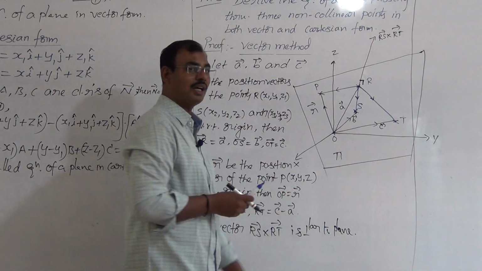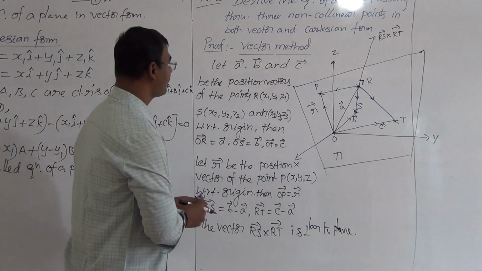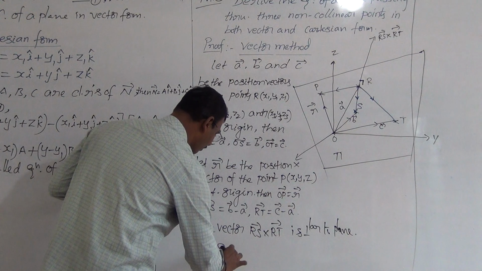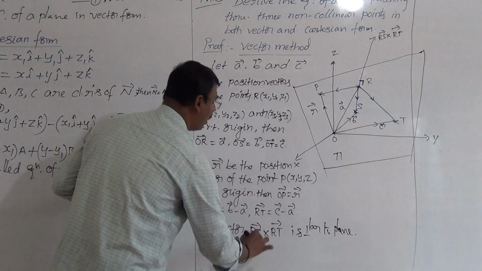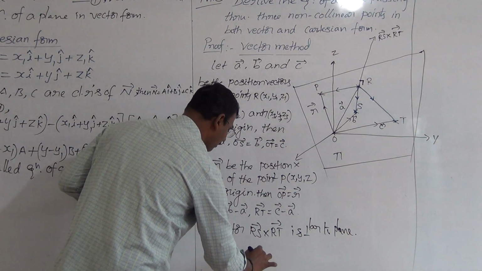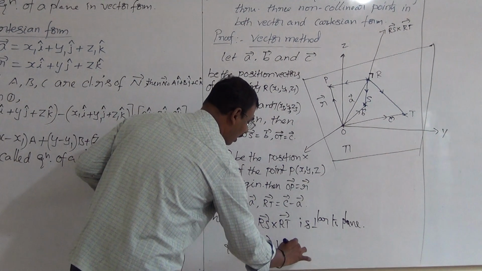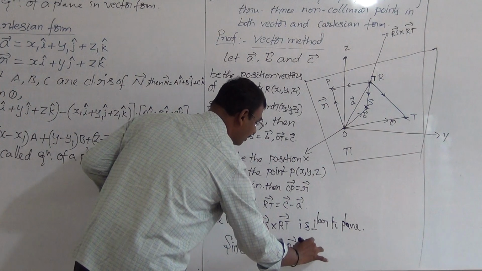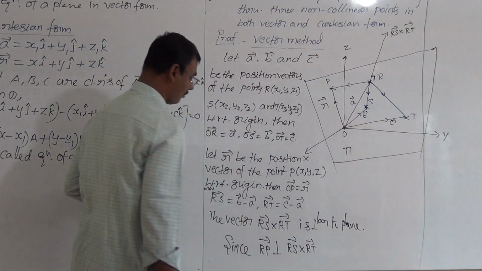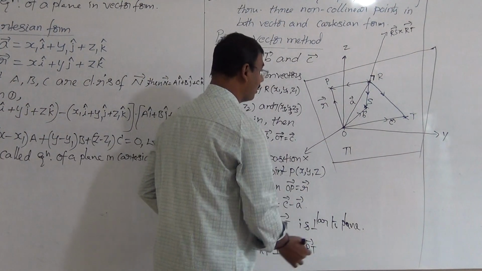So you should always use this technique. Since RP vector is perpendicular to RS vector cross RT vector, we should use the same technique always.